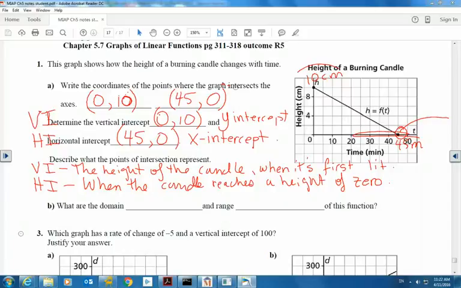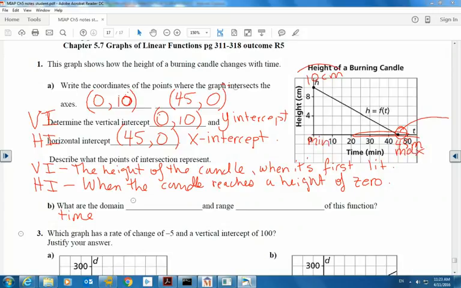So now if we're looking at the domain and range of this function, what information am I looking at for the domain? The domain is talking about which variable here? The time. And so what is the maximum and the minimum for my numbers here? So my time here, my minimum is 0. And what's my max? Okay.